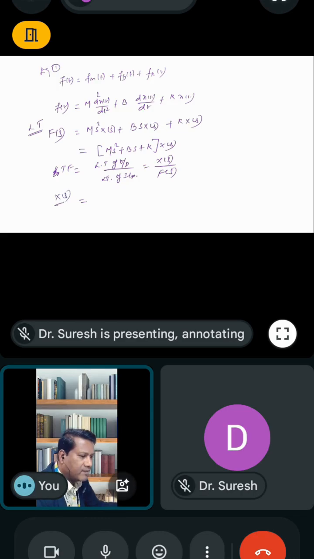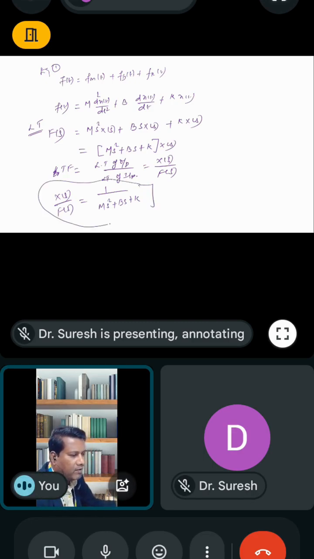So X(s) by F(s) equal to, then what we will get is 1 by (m s² + b s + k), where m, b, and k are mass, dashpot and spring constant.